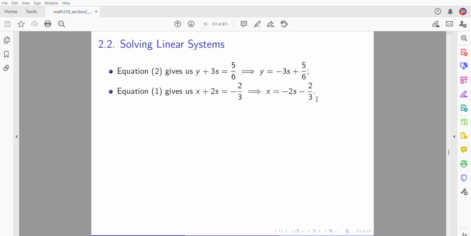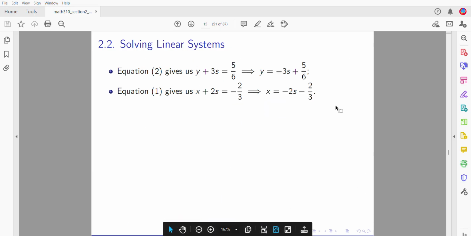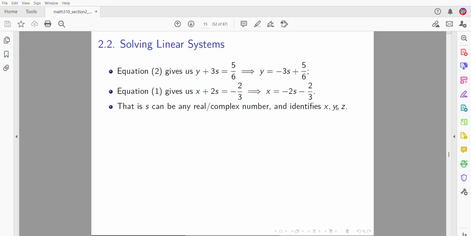Fine. That means if s is any real or complex number, we can find x, y, and z. That is, the system has infinitely many solutions, one for each chosen value of s.